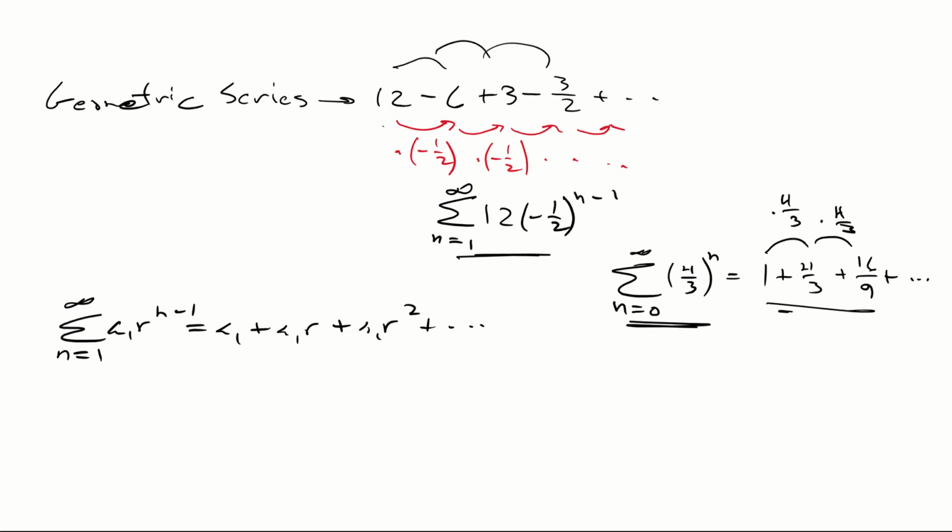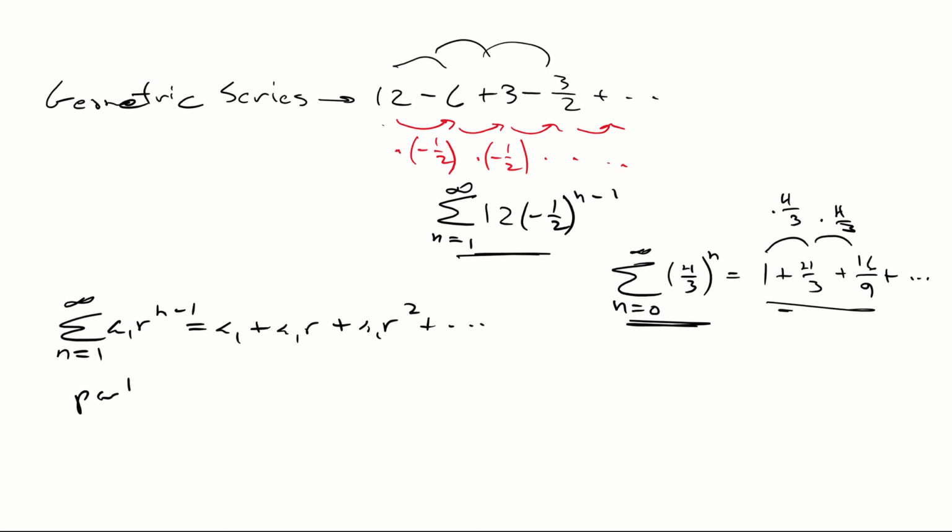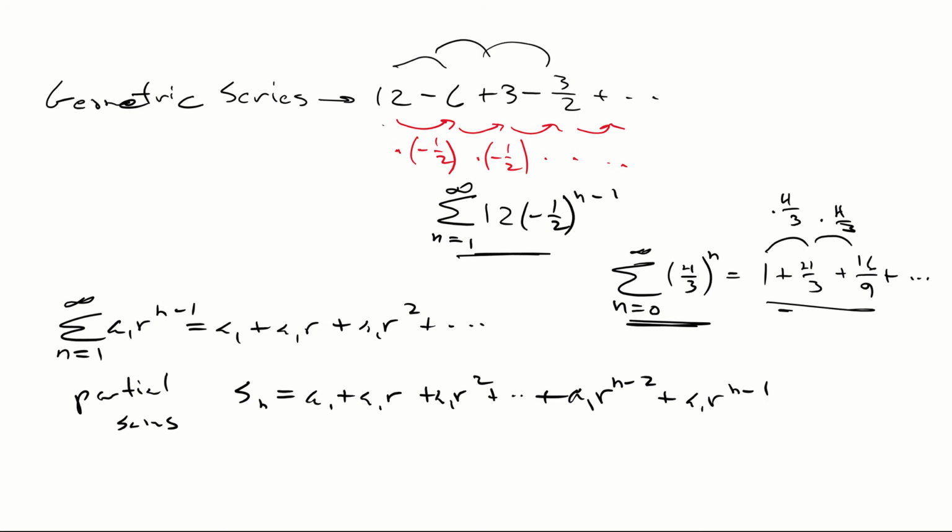If you want to argue this with partial sums, the nth partial sum is the first through the nth: A1 plus A1r plus A1r squared plus ... plus A1r to the n minus 2, and the very last one is A1r to the n minus 1.